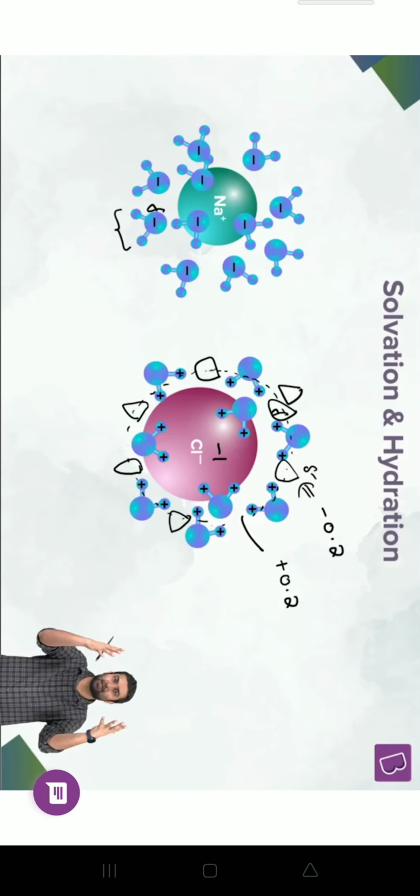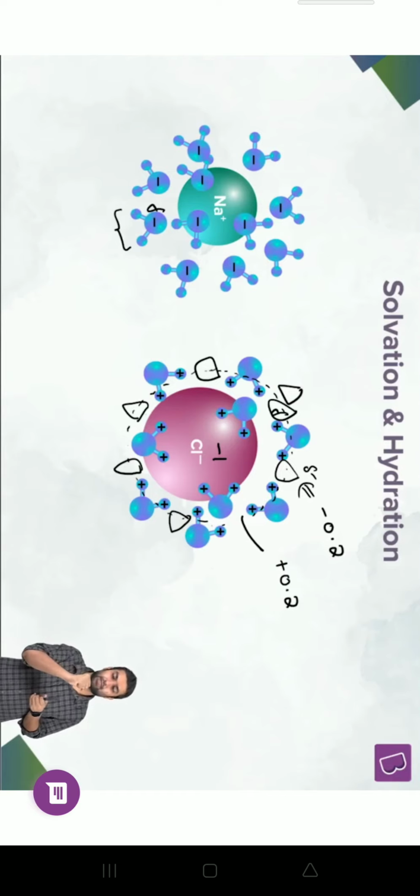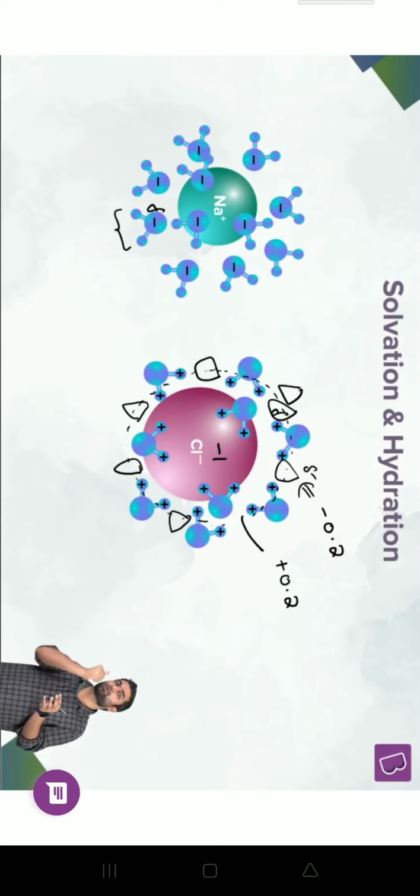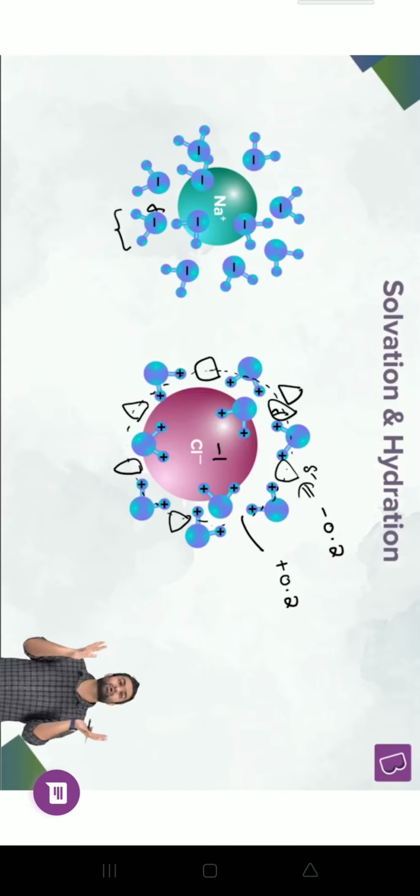Understand what I'm trying to say? So there's this Cl- and there's a lot of accumulation going on over here, multiple layers. The outermost layer is going to have a lot of oxygen atoms protruding out, which are part of the H2O molecule. Obviously, we are not breaking the covalent bond. So on the surface, there are going to be a lot of oxygen atoms with a lot of delta minus on top of them.